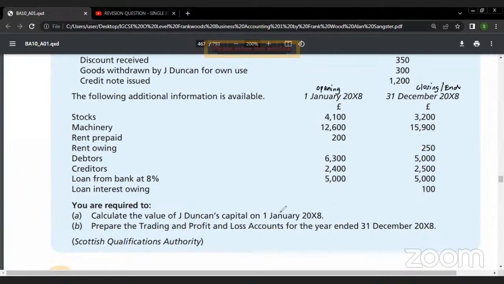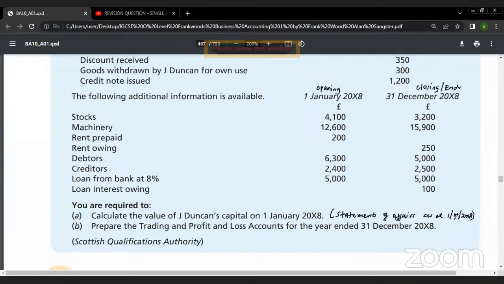We talked about this in class. Statement of affairs as at 1st January 2008.